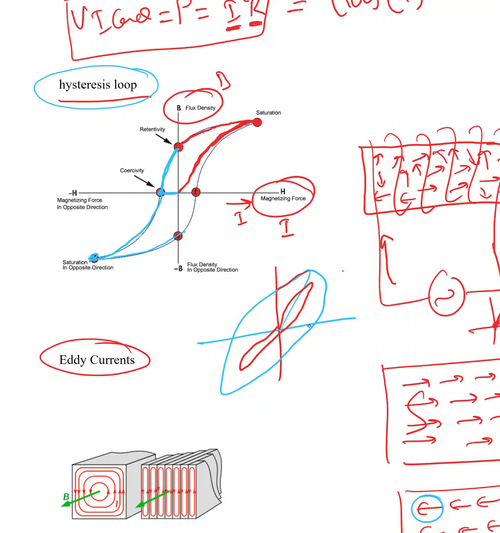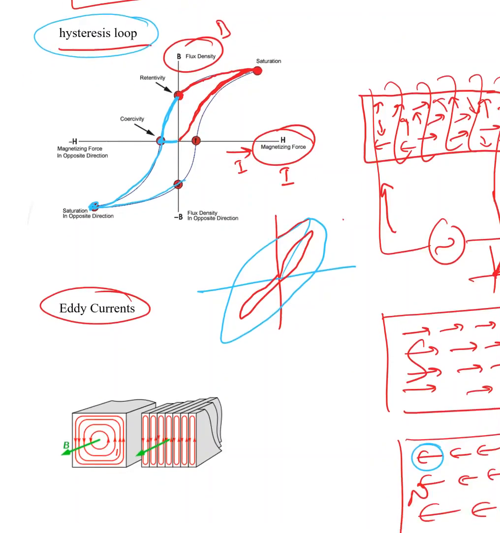The smaller loop indicates it is turning faster, so this is a good material. As the width of the loop goes down, that is a better magnetic material. So how do we reduce these hysteresis losses? By choosing a good magnetic material. That's about hysteresis losses.